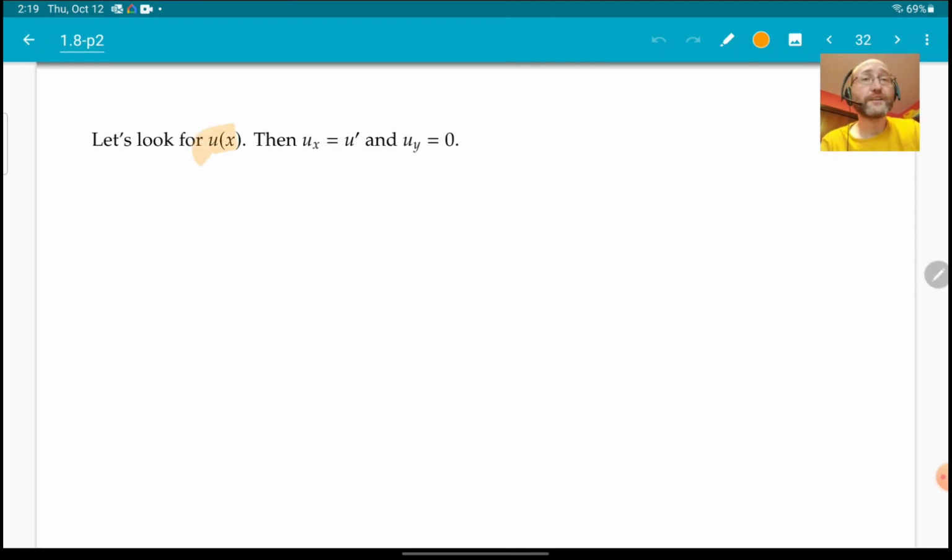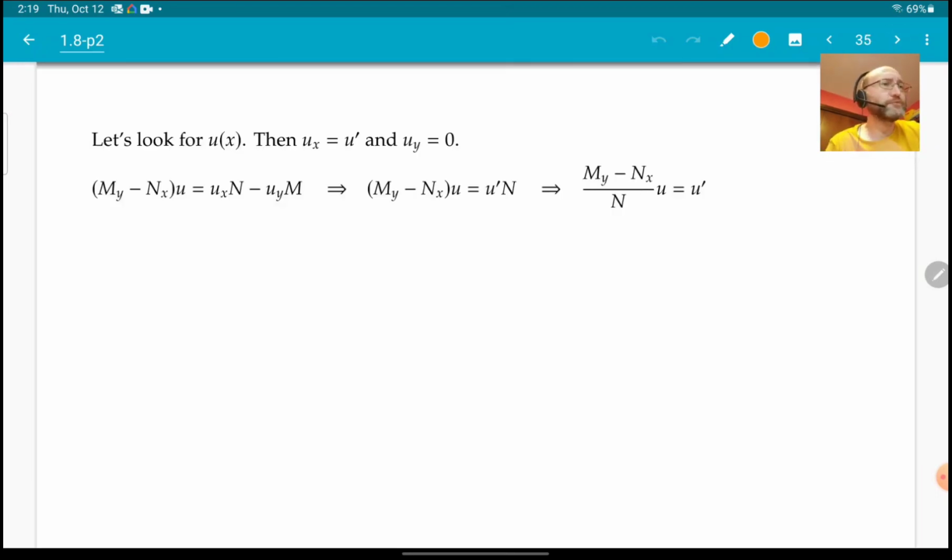So basically when it's u of x. Then u sub x is just u prime because it's just a function of x, and u sub y is 0, right? So this equation becomes, well, the u sub y goes away, and it's just u prime times n. It's this guy.